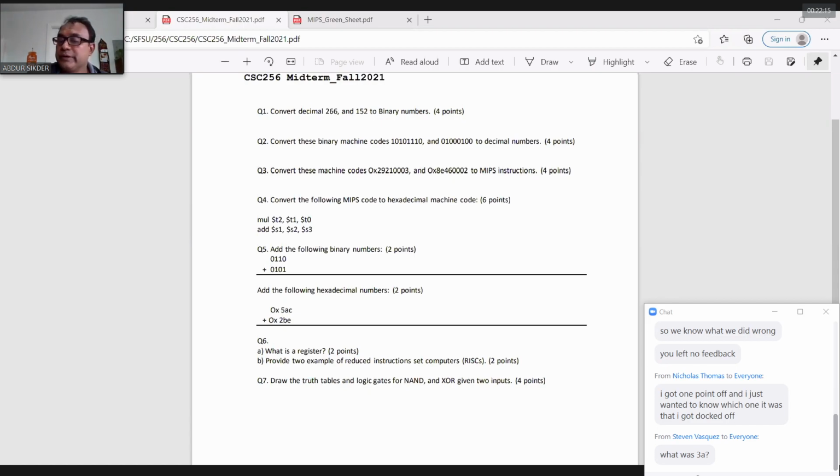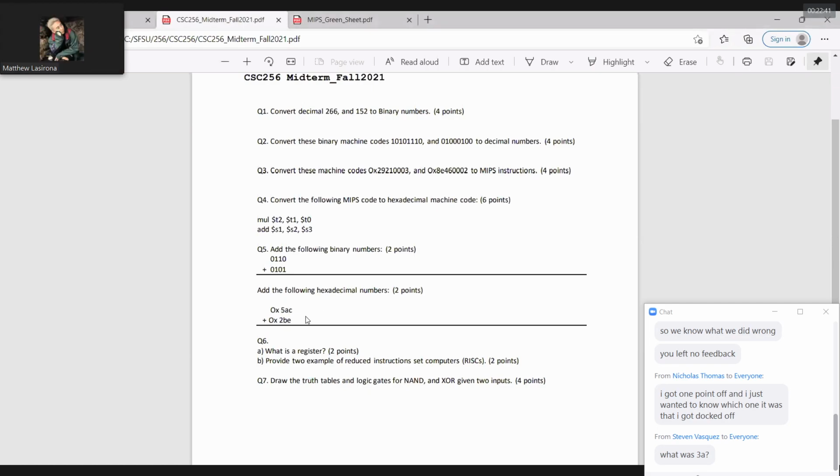So 22, you can write 16 plus 6. So put 6 there and take 1 up here as a carry. And 3 plus 1 is 4. 7 plus 4 is 11, is B. So like this. A lot of people had trouble with that. So it's B86A. The question we have in hand.